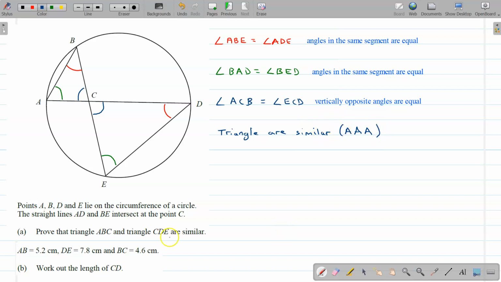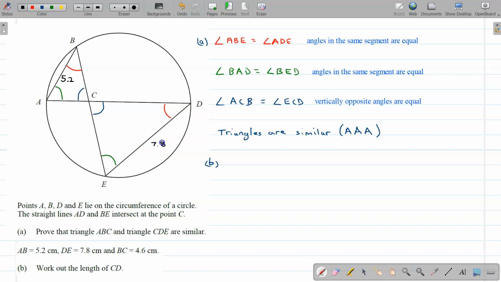Now the next part of the question, that was part A. Part B requires us to calculate the length CD. Now I'm just going to put some numbers on here. So we'll have the numbers given. AB is 5.2, and this one over here, DE, is 7.8.